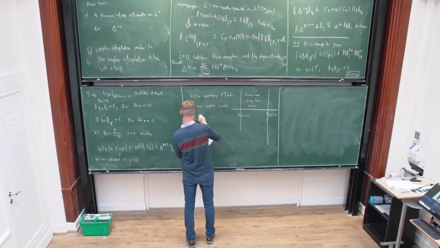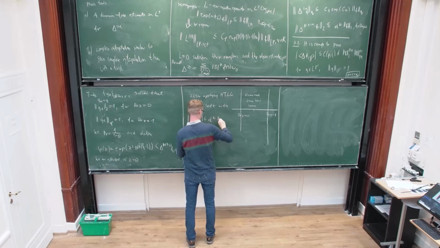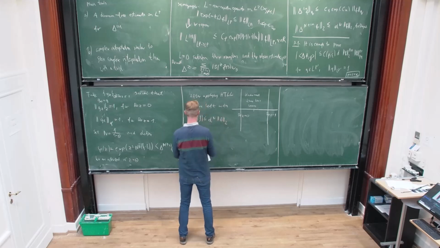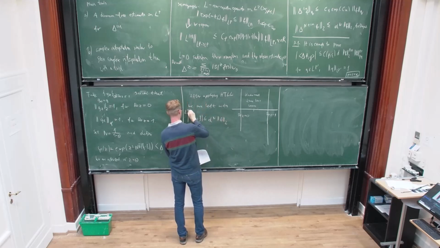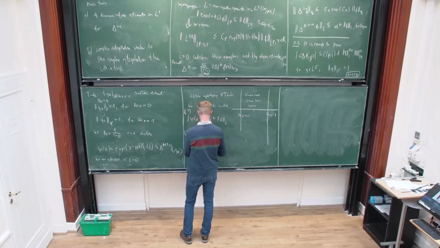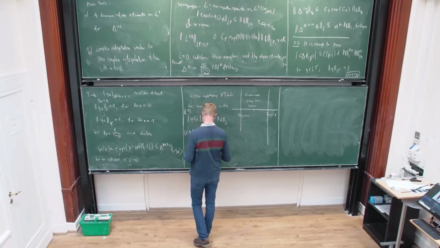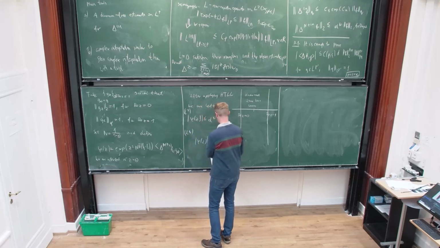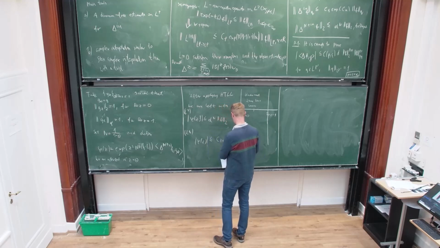Phi of z smaller than d to the m f L2. So this is the L2 inequality. And the other: phi of z smaller than, and now I don't have anything, but I have a constant which is uniform, C_PQ times f.